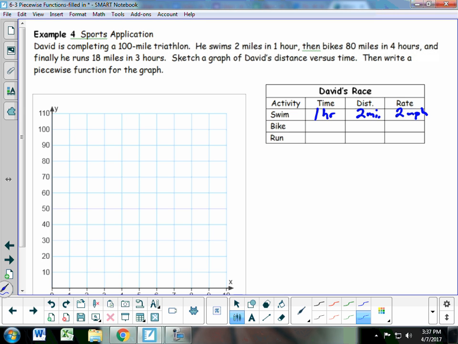And then for the bike, he has, what does it say? He biked for another 4 hours, so now we're at a total of 5 hours, and another 80 miles, so now he's gone 82 miles.